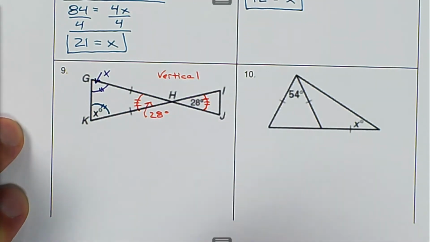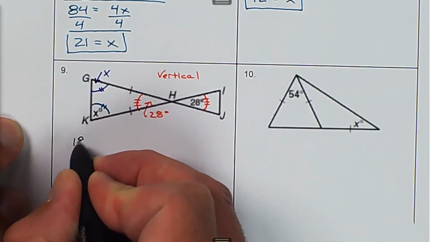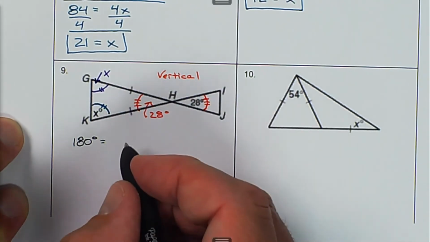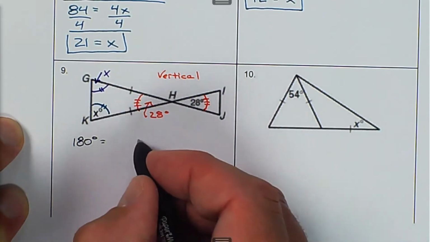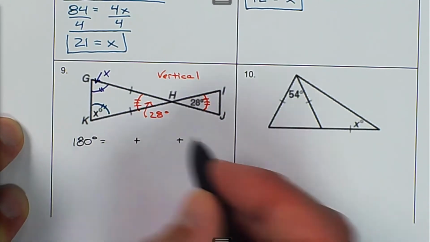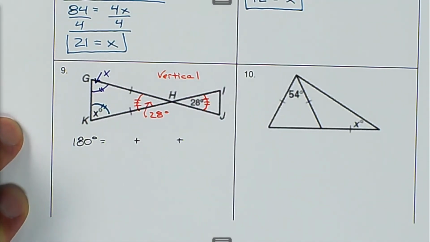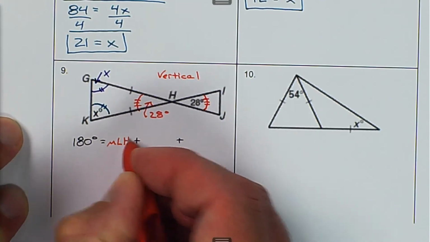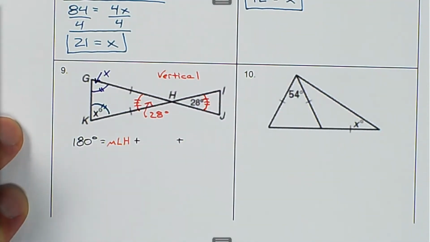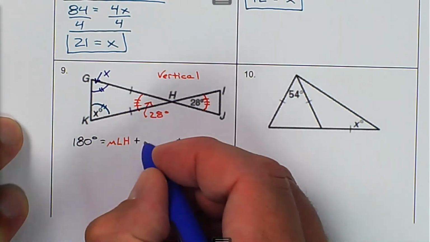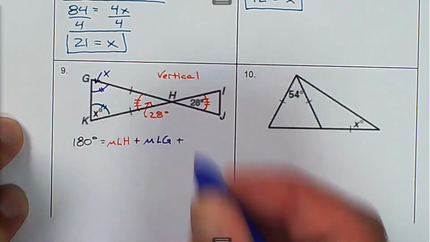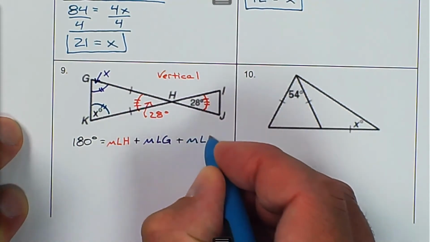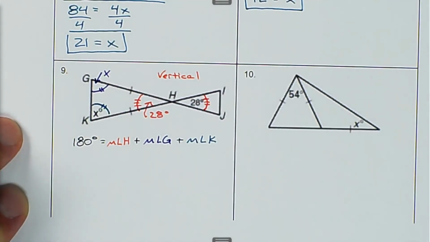So once again, we can use the triangle sum theorem, where we say 180 degrees is equal to all of the angles added together. So then we have the measure of angle H plus the measure of angle G plus the measure of angle K. And then we can substitute our values in.